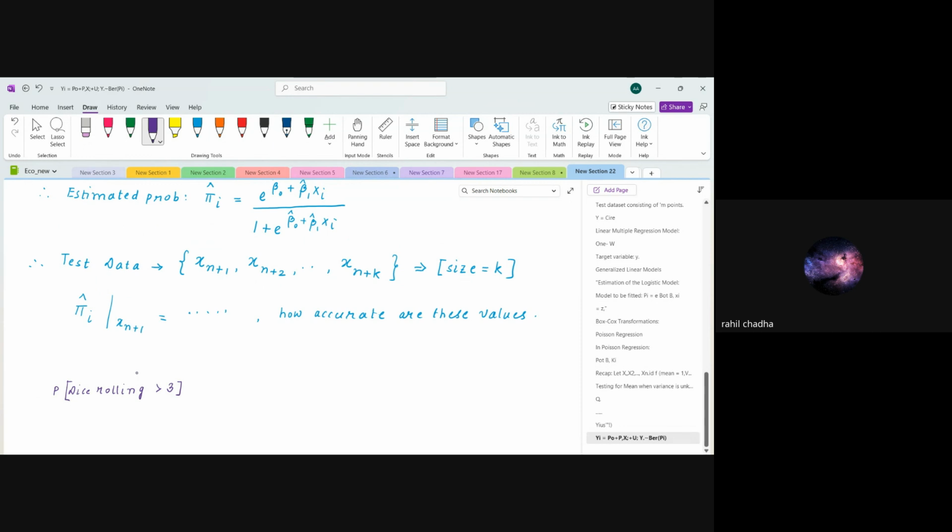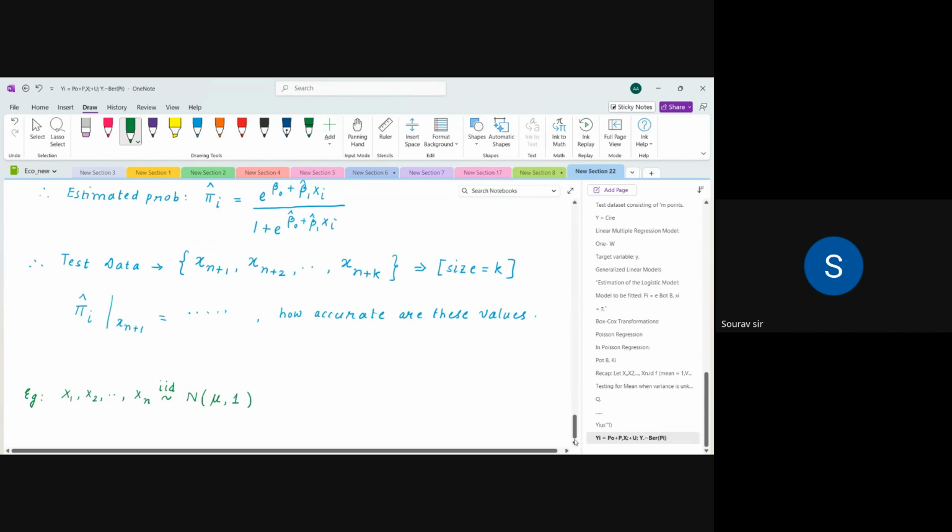Uh, you have not given any hypothesis, it's fine. Okay, wait, let me just get an example. Don't take this example, this is confusing. Take a simple mean ka hypothesis. Suppose you have a random sample, let's say normal mu comma 1, variance known.